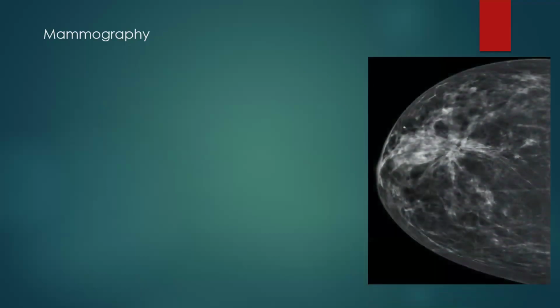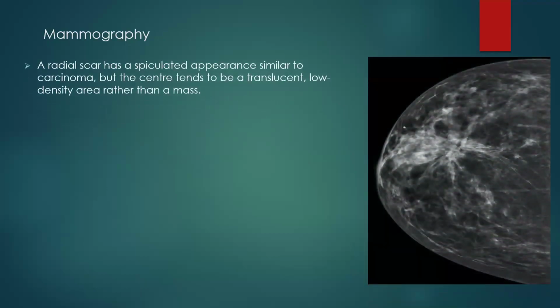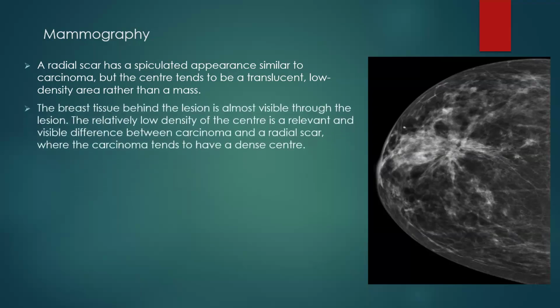In mammography, a radial scar has a spiculated appearance similar to carcinoma, but the center tends to be translucent with a low density area rather than a mass, as in the case of carcinoma, for example. The breast tissue behind the lesion is almost visible through the lesion. The relatively low density of the center is a relevant and visible difference from carcinoma.